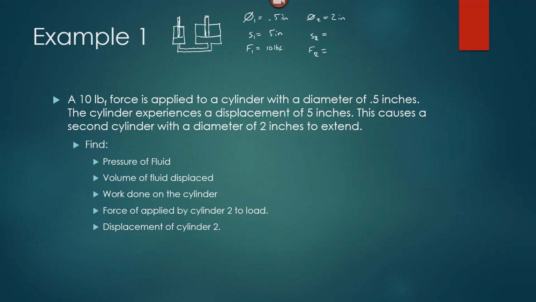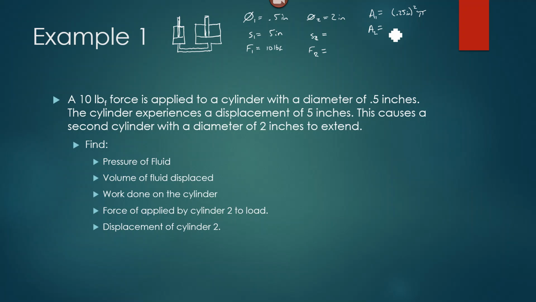So first thing we probably should do is find the areas. So I'm going to go ahead and do this right here. Area of 1, area of 2. Area of 1 is 0.25 inches squared times pi.